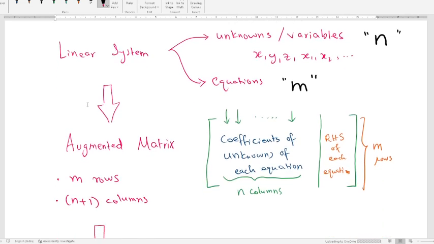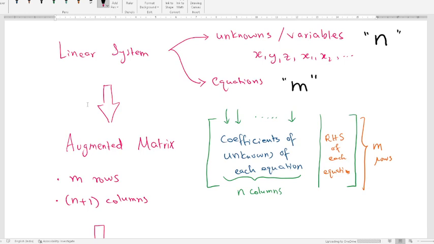So we revised the concept of a linear system, and a linear system is a set of equations having some unknowns, and we convert that linear system into an augmented matrix. The augmented matrix will have m rows, the number of rows is the number of equations, and the number of columns is the number of unknowns plus 1.